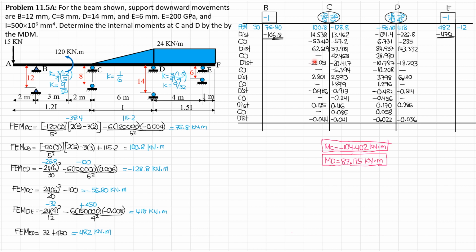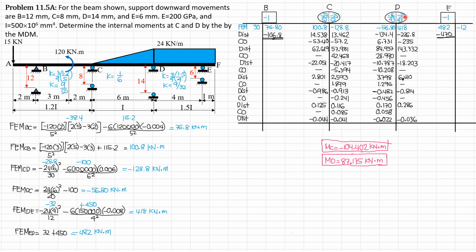So it is none here, because there's no moment, as I said there. Then half of 84.937, that's 42.468. Half of 57.951, that's 28.990. Half of nothing here, so that's why it's none here. Then 42.468 times negative 27 over 52, that's the value, times negative 25 over 52, that's the value. 28.990 times negative 16 over 43, that's the value.